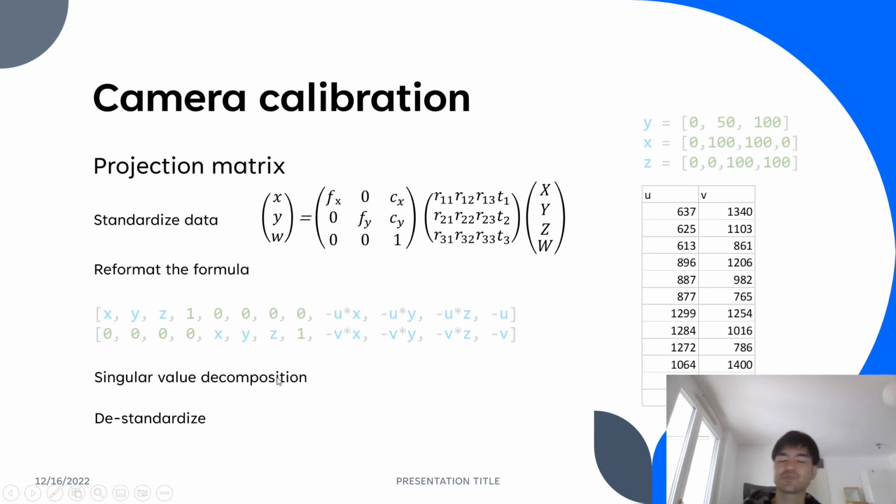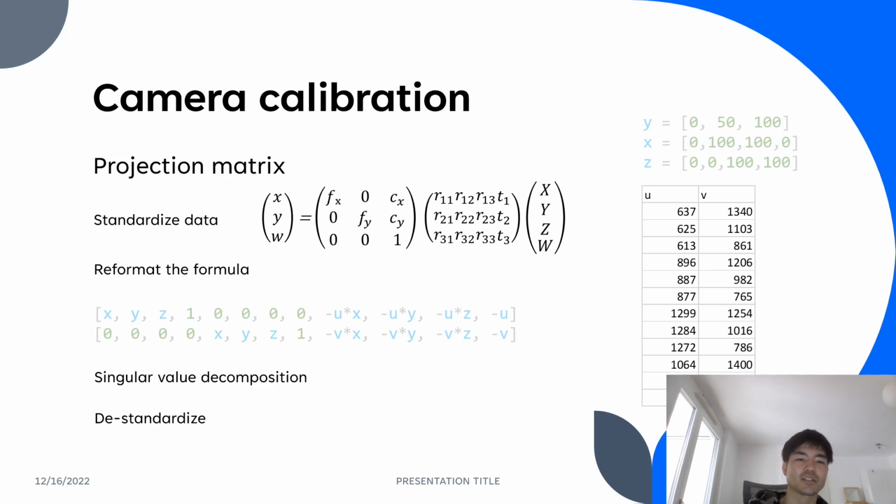So this is basically the decomposition technique to extract the meaningful matrices from a matrix. Singular value decomposition can output 3 matrices out of a matrix, and I will show you the code afterwards.